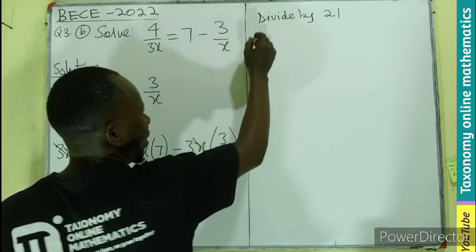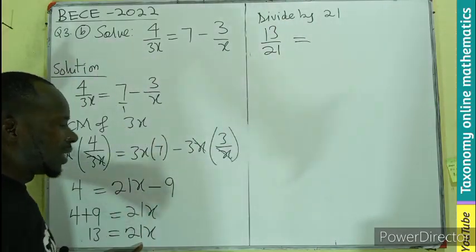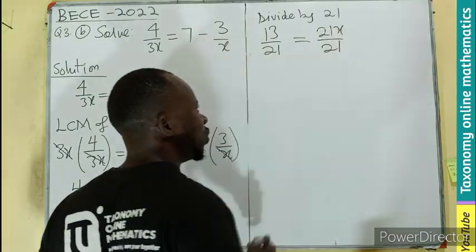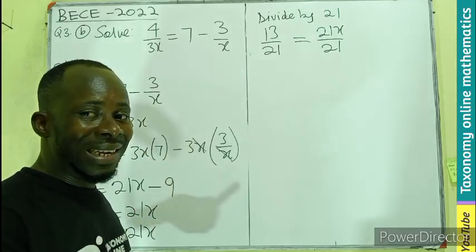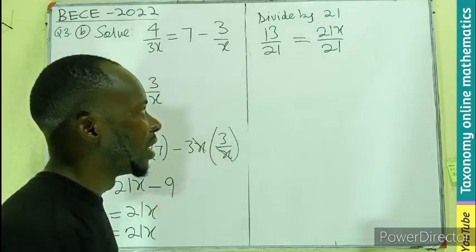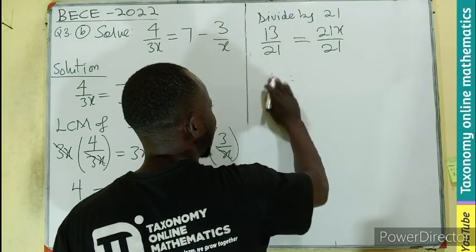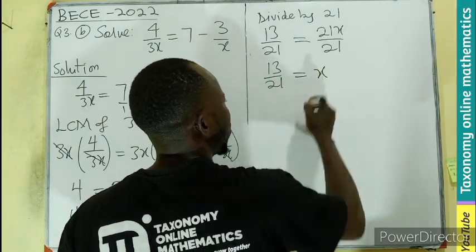That means the first part is 13 divided by 21. The second part is 21x divided by 21. We know that 21 will cancel, but 21 and 13 have nothing in common as a common factor. So therefore, 13 on 21 equals x.